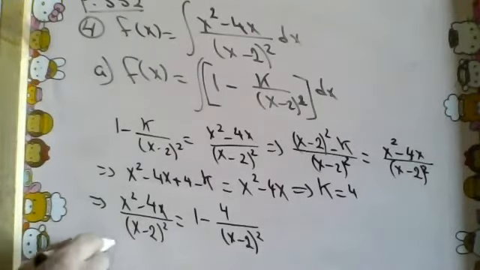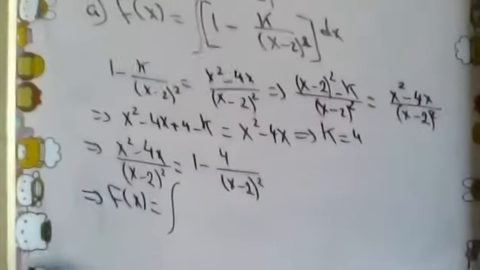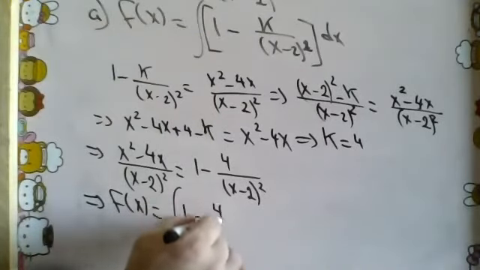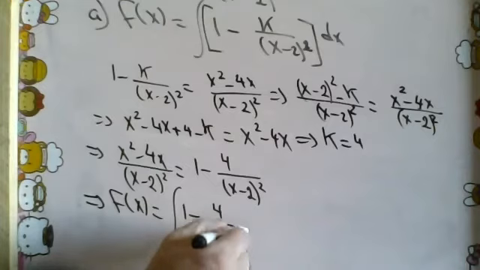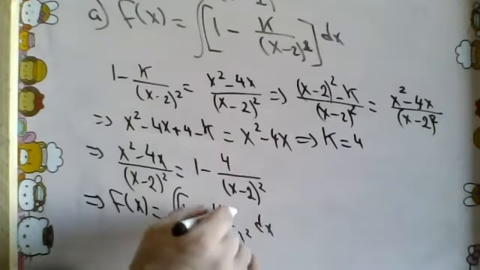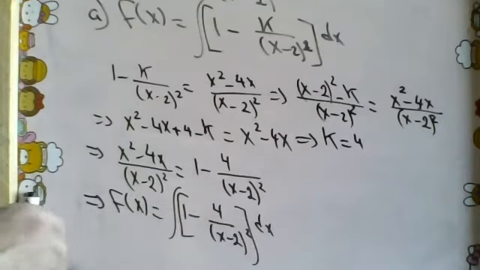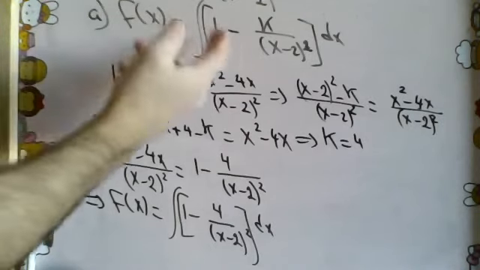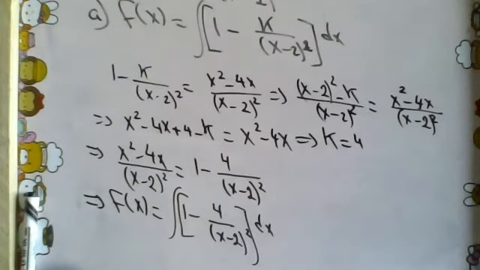So f of x is equal to the integral of 1 minus 4 over x minus 2 squared. We have another way to find or to prove that x squared minus 4x over x minus 2 squared is equal to this. Now we will say how to write it.